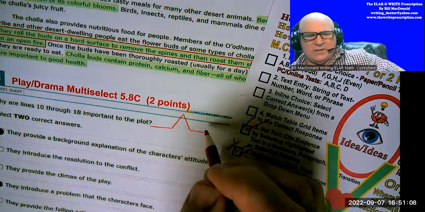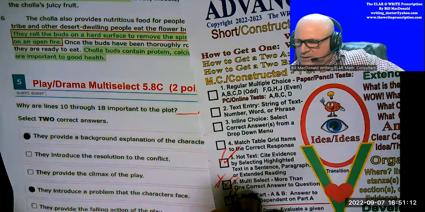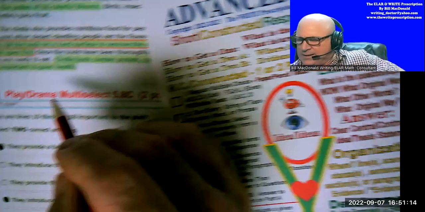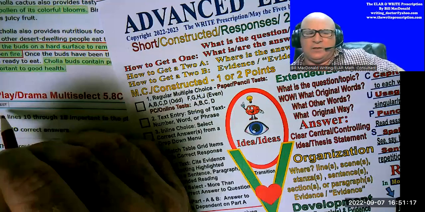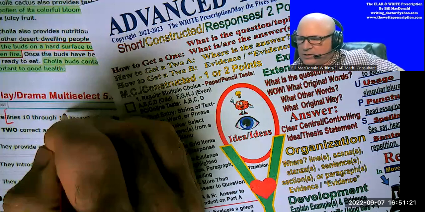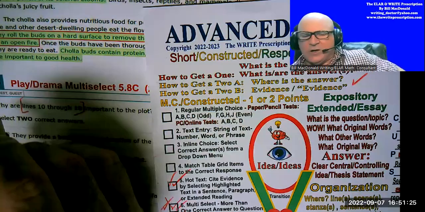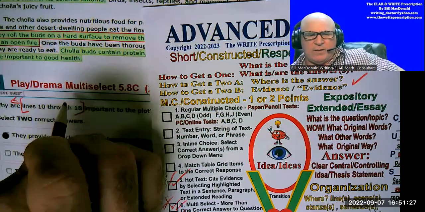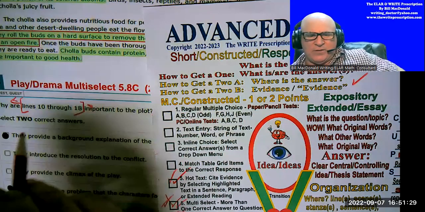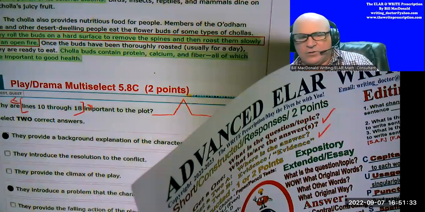For lines 10 through 18, you would make a bracket and highlight in the passage just those lines, and you only look before or after if you can't tell why something is in there. They provide a background explanation of the characters' attitudes.